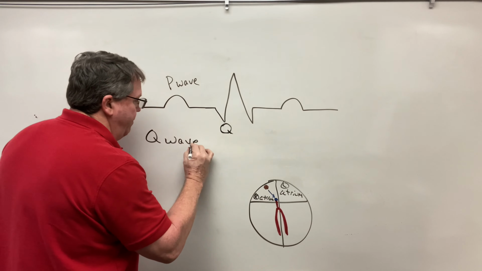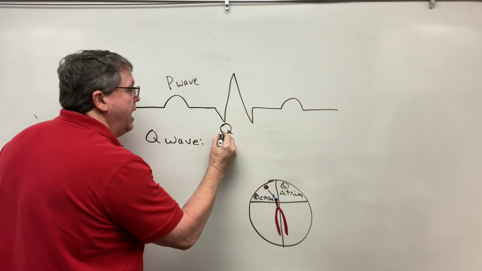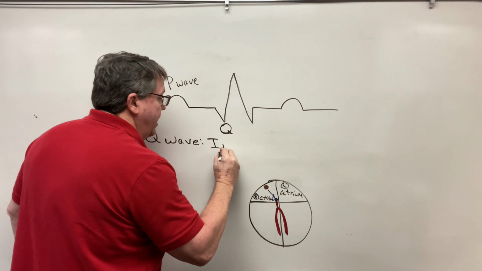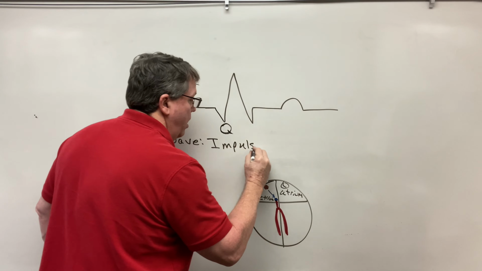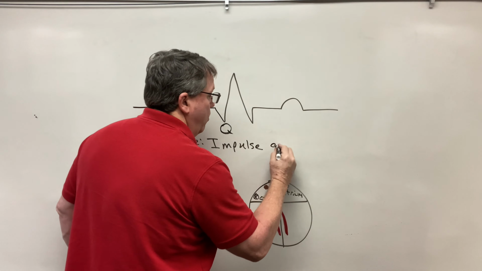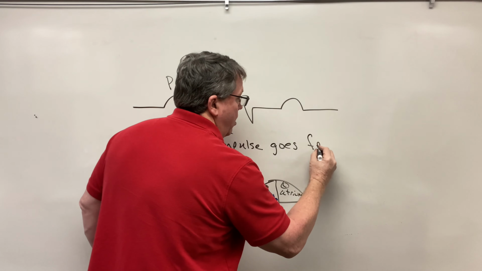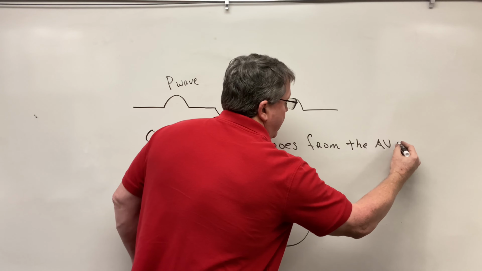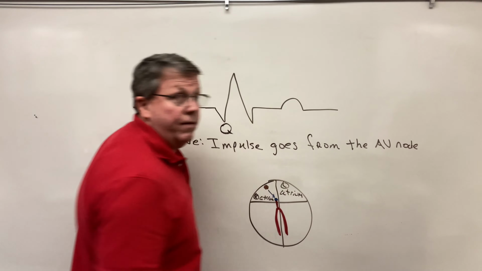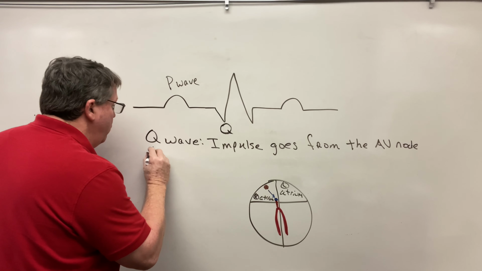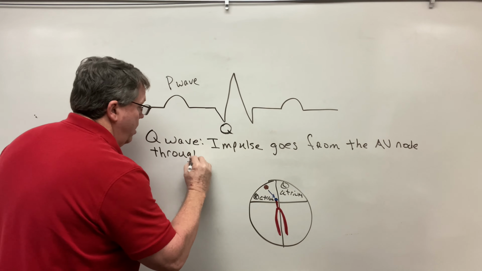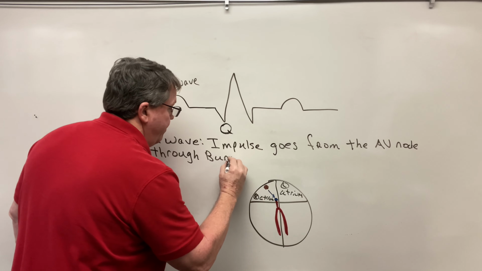So in the Q wave, the electrical impulse goes from the AV node through the bundle of His.